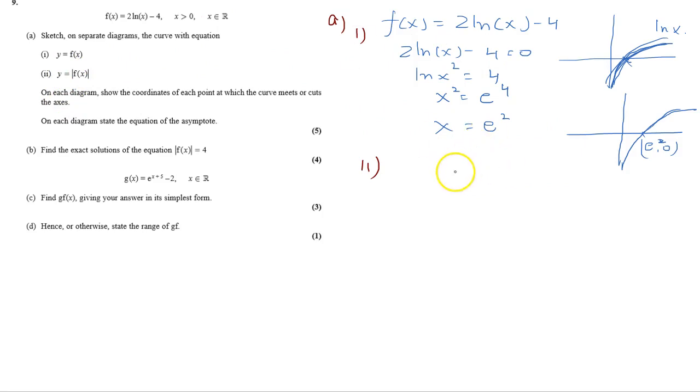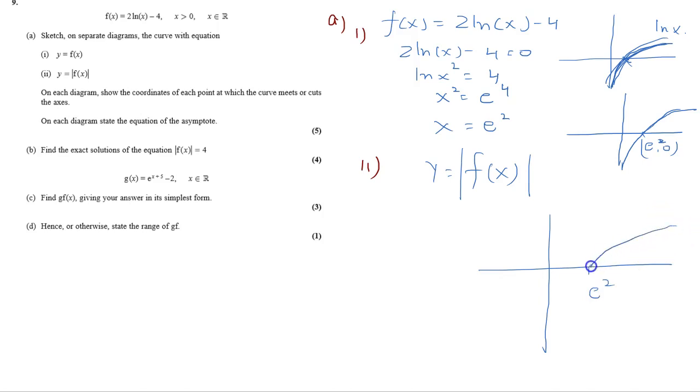The second part is y is equal to the absolute value of fx. So this graph will be, this is e square, and from here the positive side, so the graph will be the reflection.